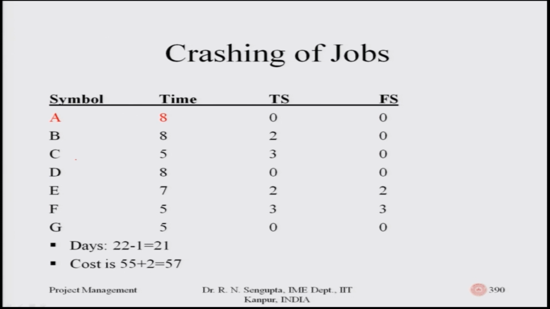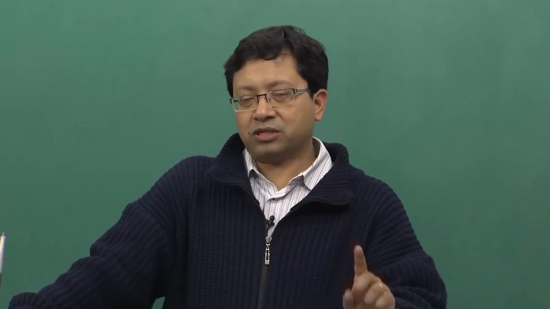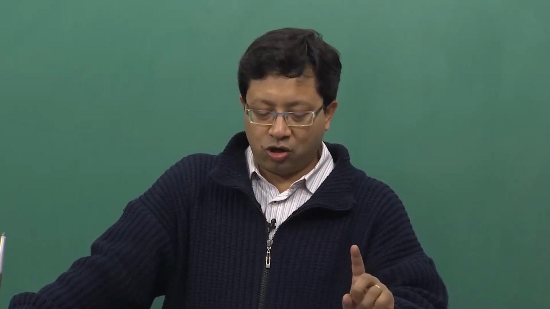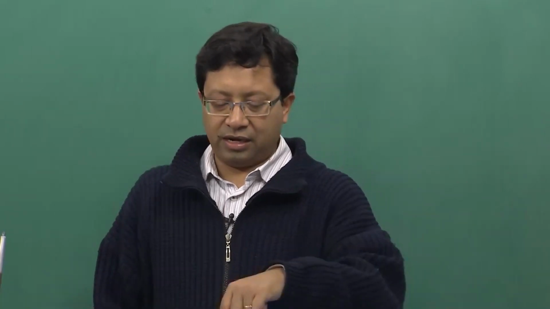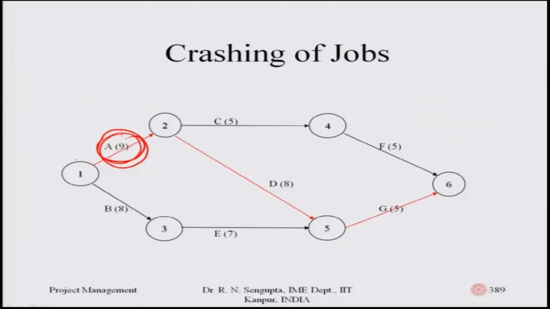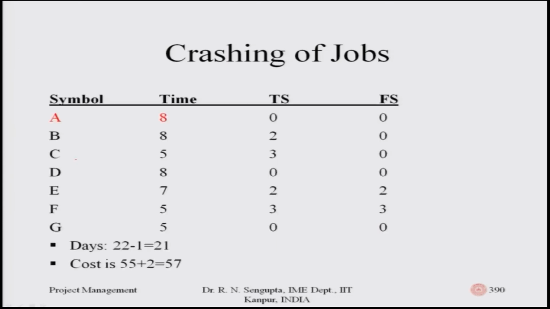The number of days technically was 22. So, the critical path has decreased by 1, because this path A, D, G is still critical. Now it is 8 plus 8 is 16, 16 plus 5 is 21. So, if you see, the number of days is 21.